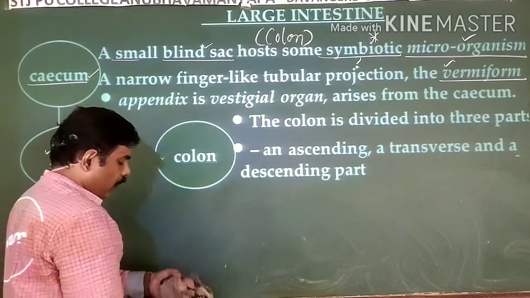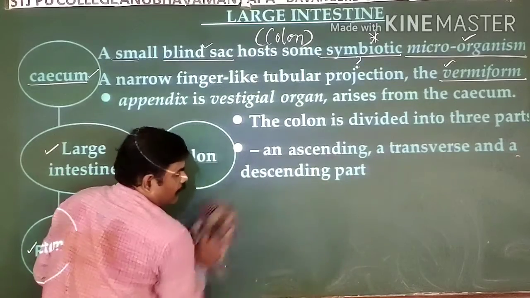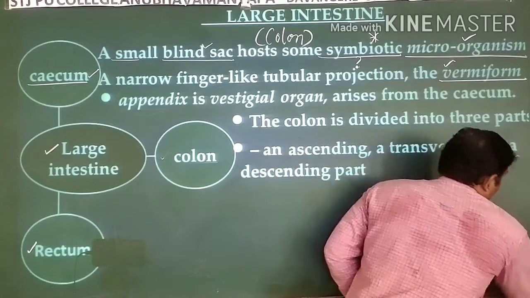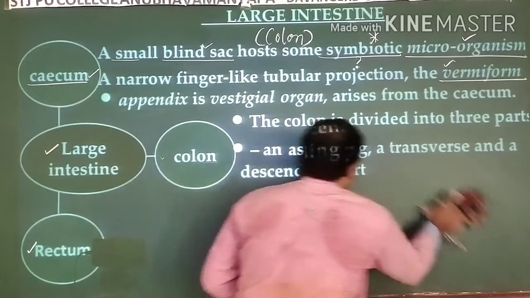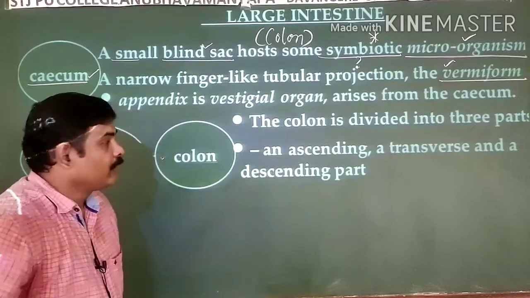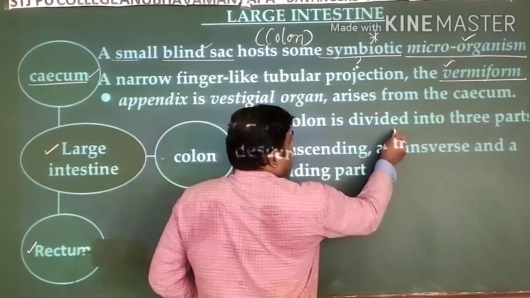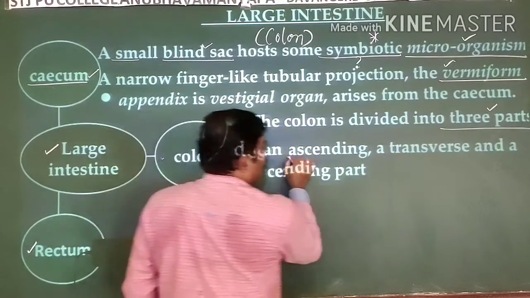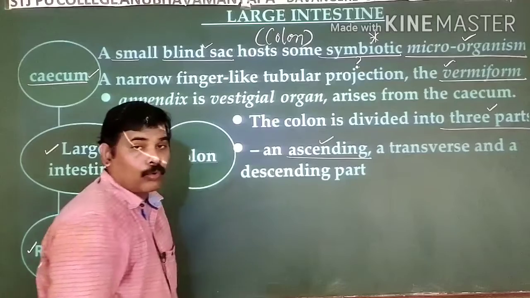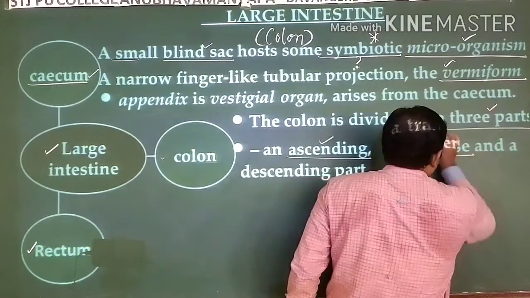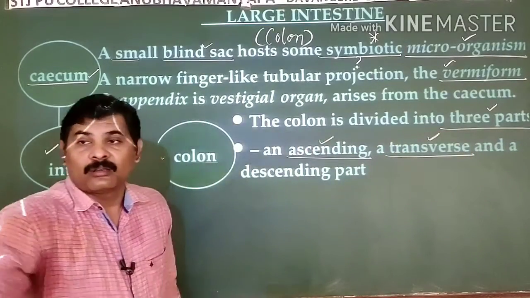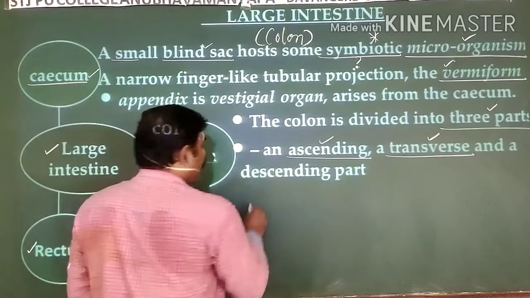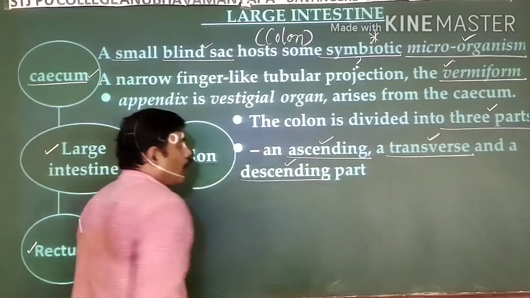So these are the three types of colon that you can see within the large intestine. Of the three parts, one is the ascending colon, the second one is the transverse colon, and the third one is the descending colon.